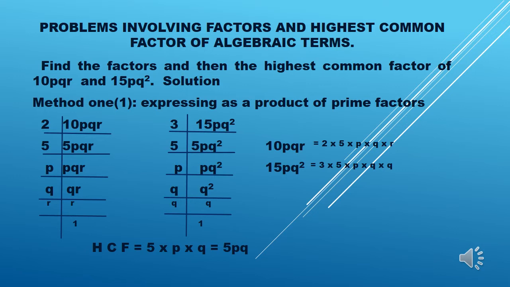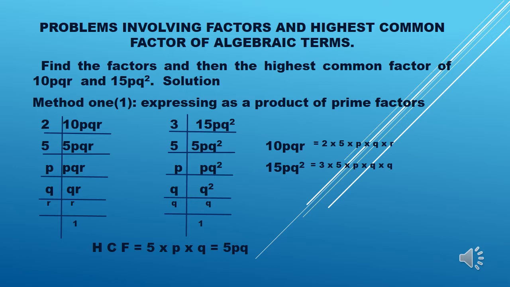First, we'll be looking at finding highest common factor by expressing each term as a product of prime factors. We have 10pqr. Expressing it as a product of prime factors, of course you all know that when expressing numbers in this form, we use prime numbers.